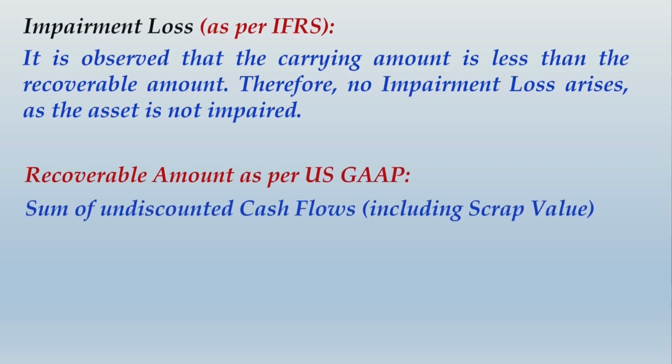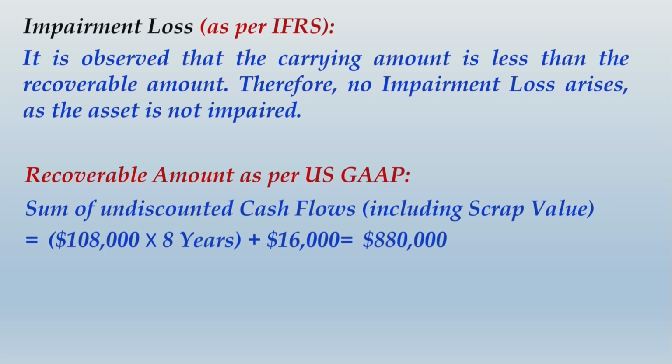The recoverable amount will be the sum of undiscounted cash flows including the scrap value. So that comes to $108,000 multiplied by 8 years plus the scrap value of $16,000, that comes to $880,000, which is substantially higher than the carrying amount.